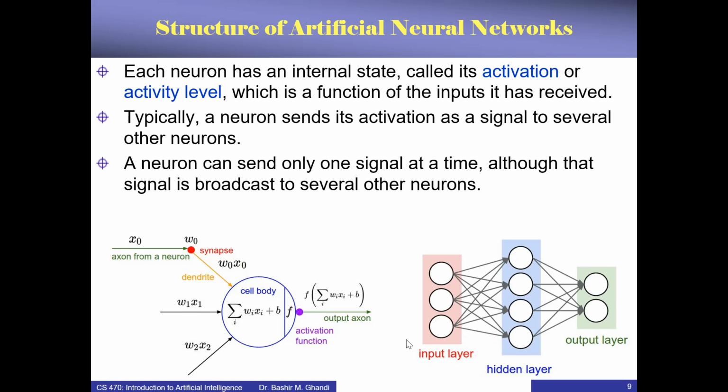A neuron can send only one signal at a time, although that signal is broadcast to several other neurons. Again, this is obvious from the diagram we are seeing here. Only one signal is sent at a time, but the signal is broadcast to the neighboring neurons so that they each receive the same amount of signal.